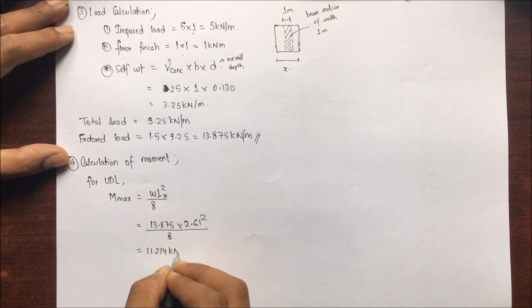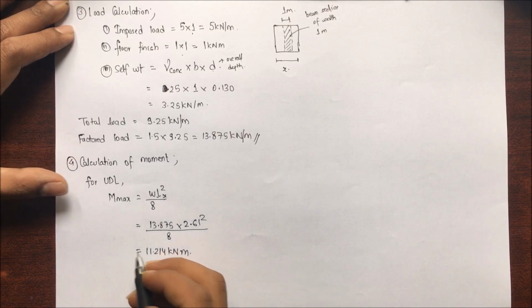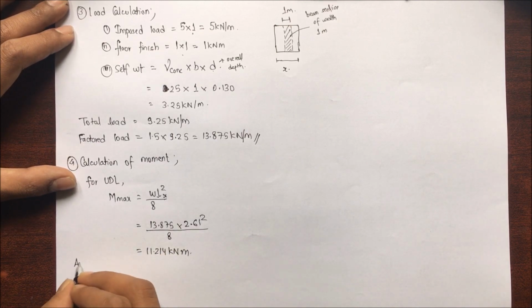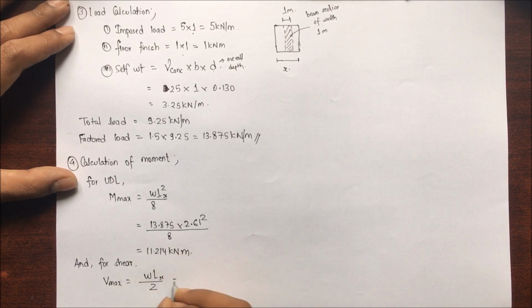So this comes as 11.214 kilonewton meter. Now for the shear, Vmax is equal to WL by 2, obviously Lx, 13.875 into 2.61 divided by 2, this comes as 18.1 kilonewton.